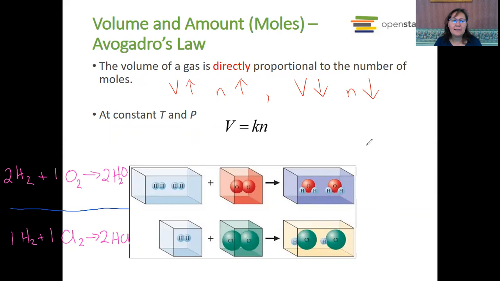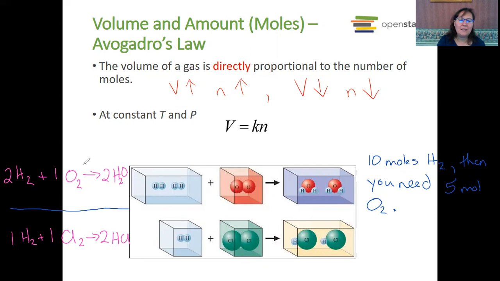So what this is saying is that if you have 10 moles of hydrogen, then you need 5 moles of oxygen, right? And we know that because that's our whole stoichiometry.